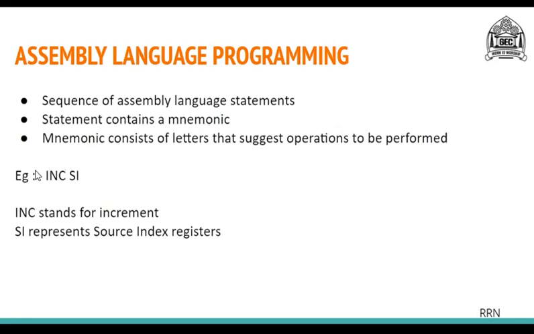So this particular statement, that is instruction in assembly language program, states that the source index register has to be incremented by 1. So INC here is a mnemonic for increment and SI is a mnemonic for source index register.